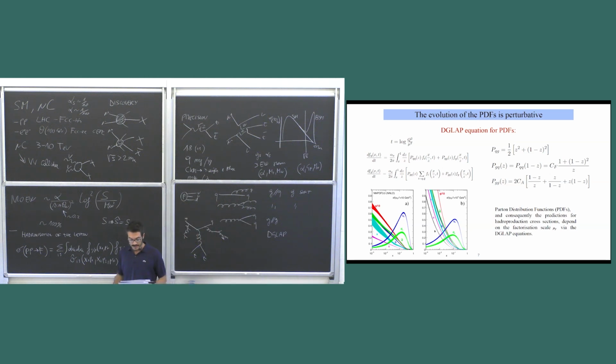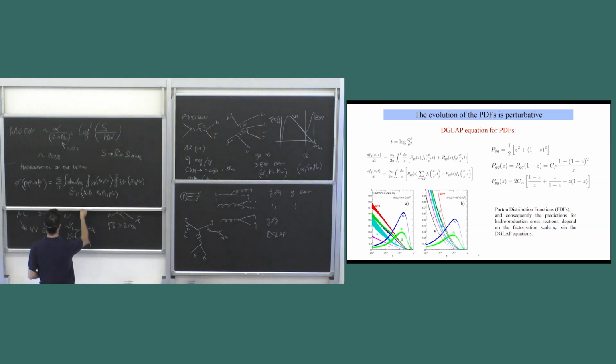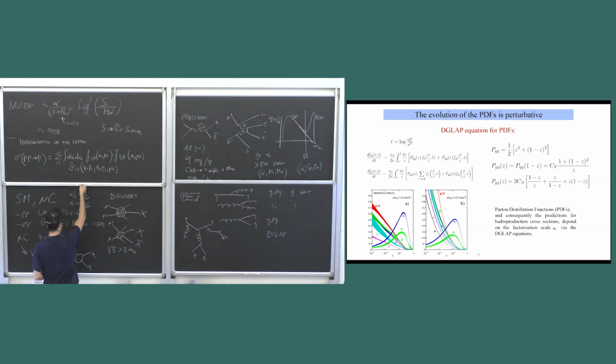Okay, we have this formula here that is written in this way, but I think that the best way to understand the implication for the kind of distribution and the physics that you get at a proton-proton collider is another one.